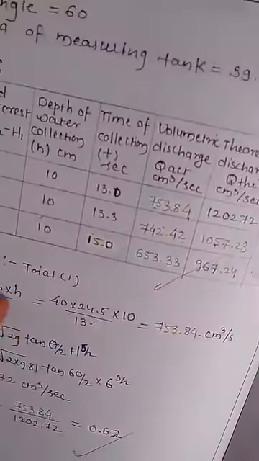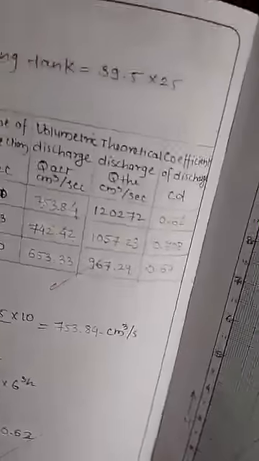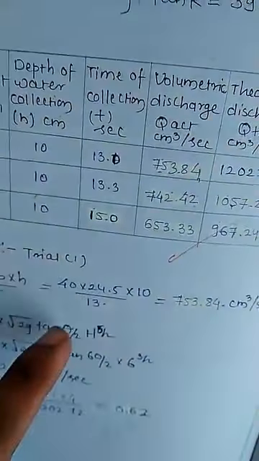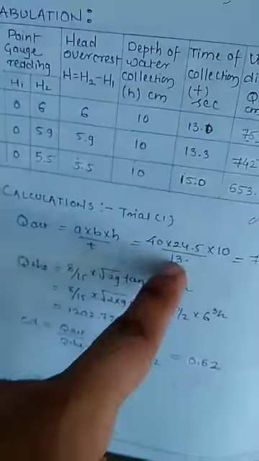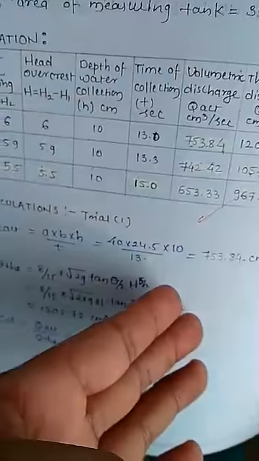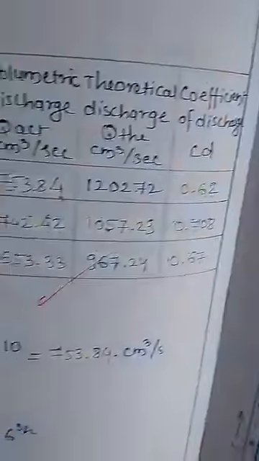You can see here, this is A and this is B. So length into breadth into depth of collection. How much depth have we collected? It's 10 centimeter, right? So same thing we are doing here. A is 40, B is 24.5, depth of collection is 10, and finally divided by T, the time of collection, which is 13. This is the actual discharge, and you get an answer around about this much.